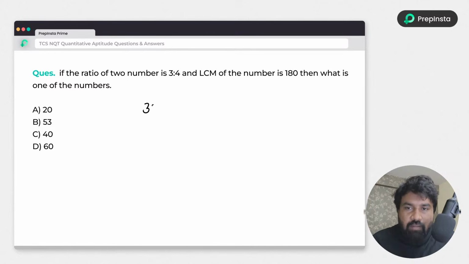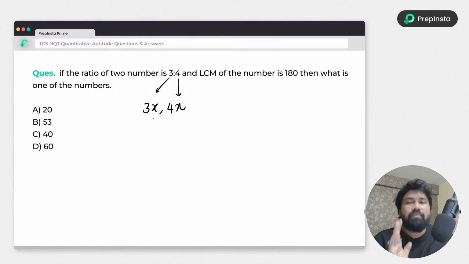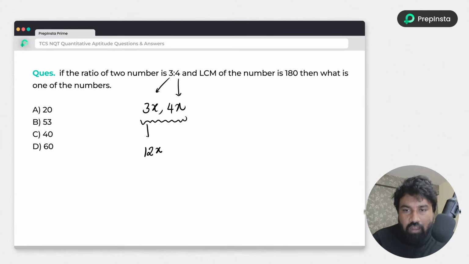Two numbers I am assuming as 3x, 4x. So the ratio is given, right? So I am directly treating them as 3x and 4x. And what is the LCM of these two numbers? LCM is the number which can be commonly divided by these two numbers. 3 and 4, LCM is 12. So if I take 12x, 3x can divide 12x, 4x also can divide 12x.